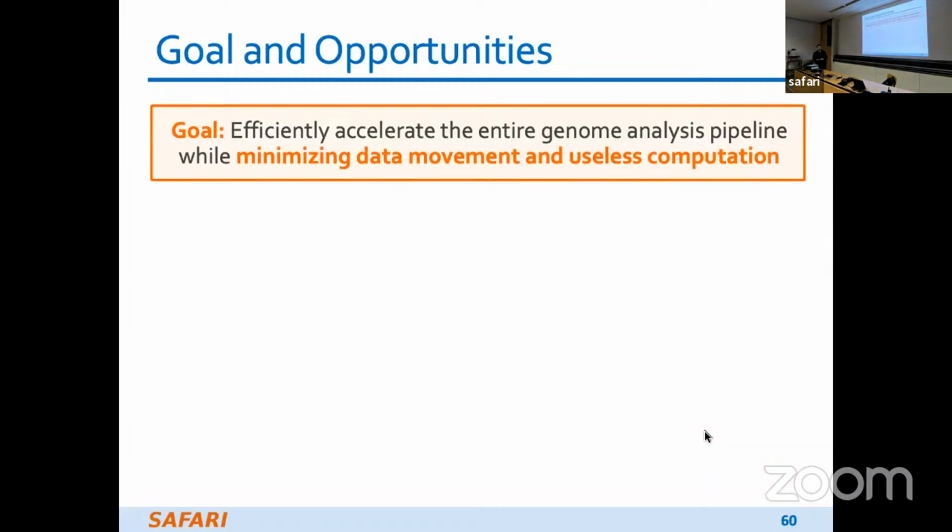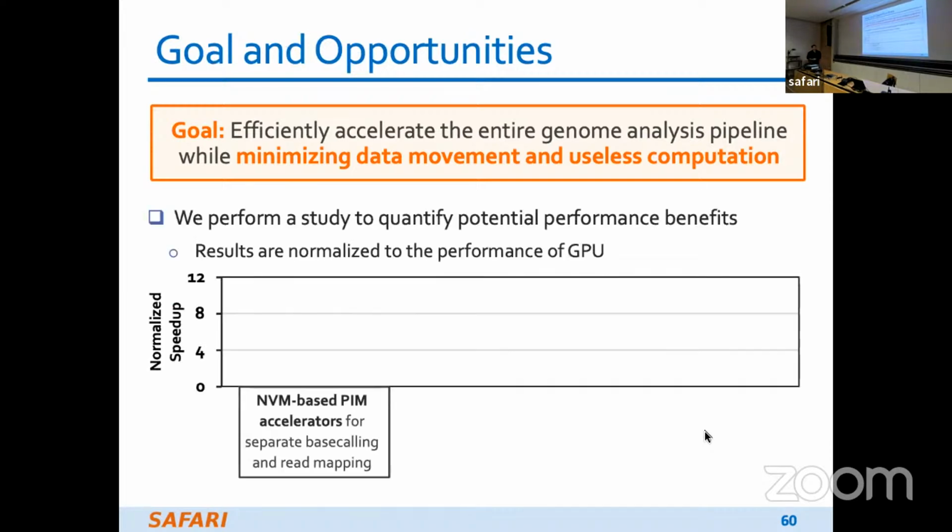So then we identify certain opportunities in this area. We do some motivation analysis to see whether there's really an opportunity or not. To do this motivation analysis, we first assume there is a PIM accelerator to accelerate the base calling step and the read mapping step separately, right?